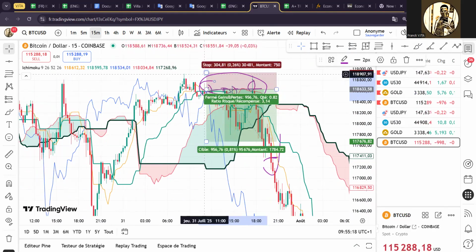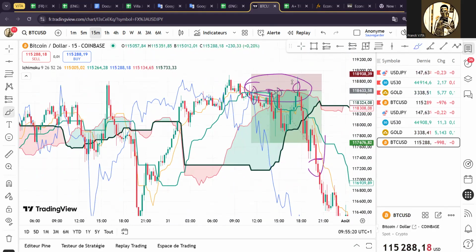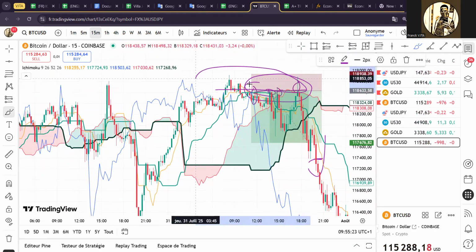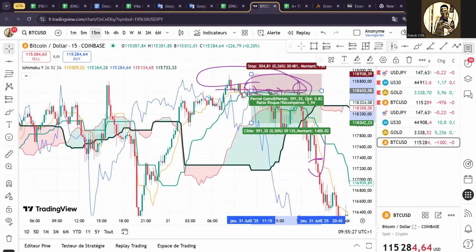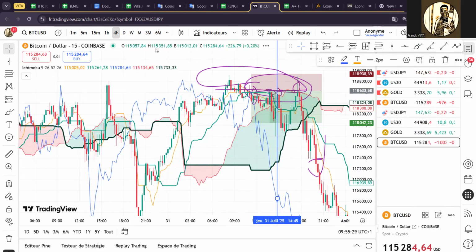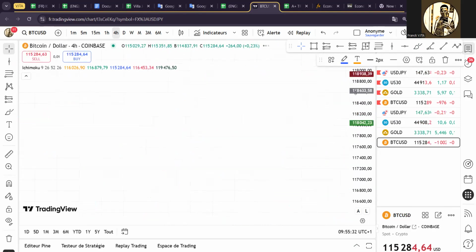It can be an A plus setup here, a zone in a high time frame like 4 hour, 1 hour, daily, or an A plus setup. Let us even check it. If you go on 4 hour, do we have an A plus setup just right here?